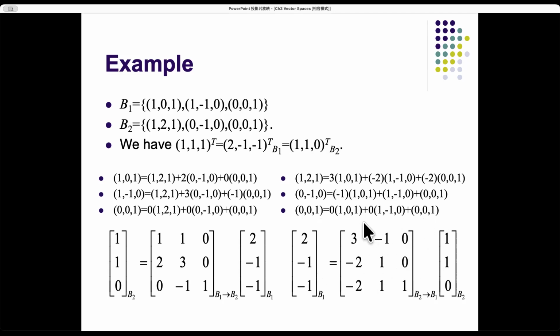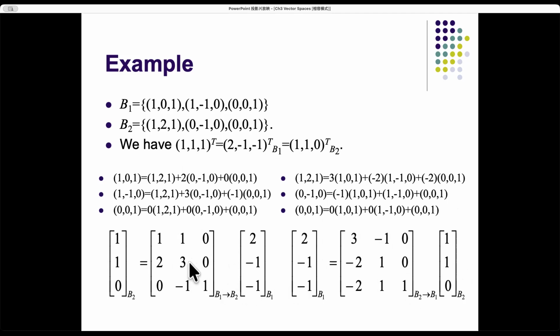And this is B2 to B1, right? So you put the coordinate in B2 here, 1 1 0, multiply this one, you get 2 negative 1 negative 1, which is the coordinate of this vector in B1. Okay, and obviously these two matrices, if you multiply together, you get an identity matrix.